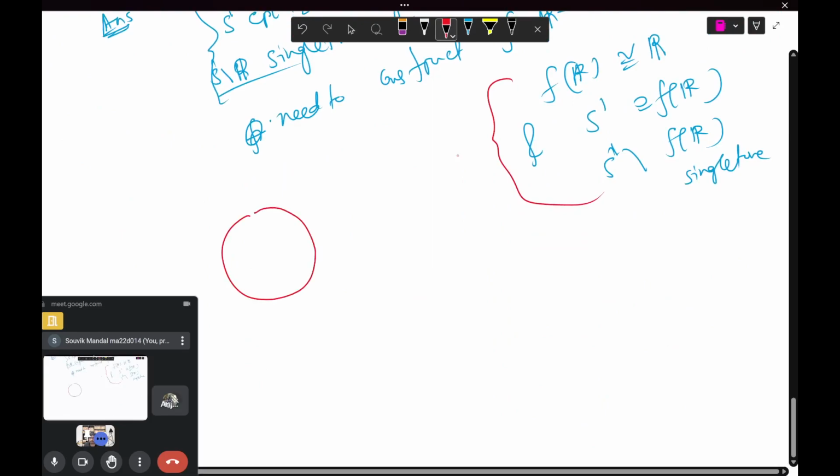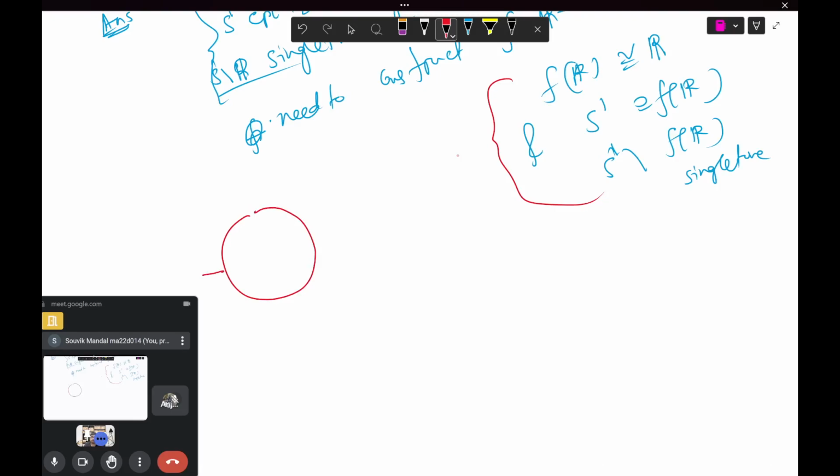You consider the full circle minus the top point, and the map is that we take any point on the circle, consider this top point, join the two points and extend it, and where it intersects the line, that is the image of that function. You can read up on stereographic projection. This will tell that f(R), under the stereographic projection, is homeomorphic to R and S1 contains f(R). That is why the one-point compactification of the real line is the circle.